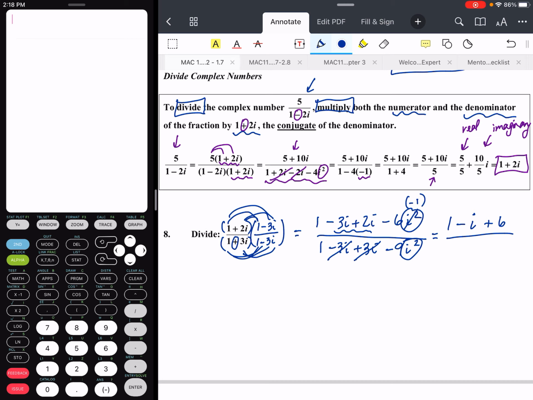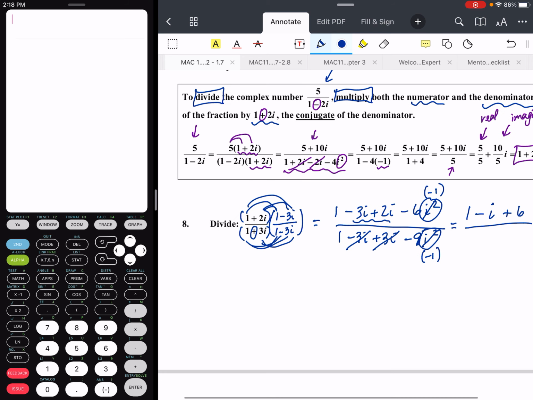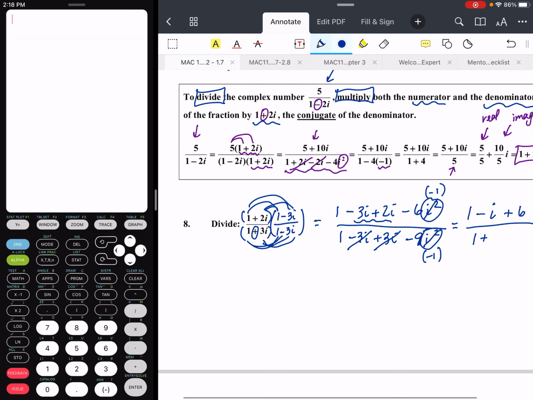And then down in the denominator, 1, those two middle terms cancel out, and then I have a negative 9 times i squared. I'm going to replace that with a negative 1. So that simplifies to 1 plus 9. So up in the top, I have 7 minus i over 1 plus 9, which is 10.